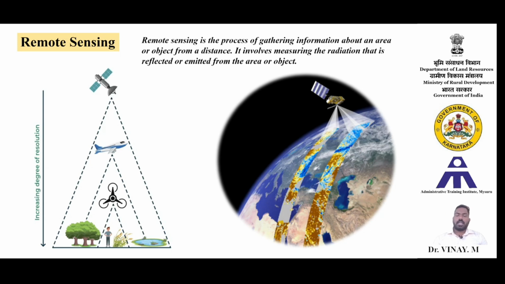So, remote sensing in general means sensing information remotely without being in physical contact. Let us take the example of the TV and the remote. We are able to turn the TV on and off using the remote. So, it is nothing but remote sensing in general.